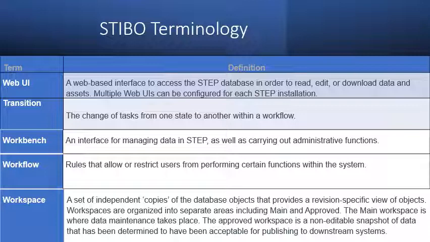But again, you need to configure the web UI based on the business rules. So whatever data you declared as part of the attributes like LOV, the data will be reflected in the web UI.